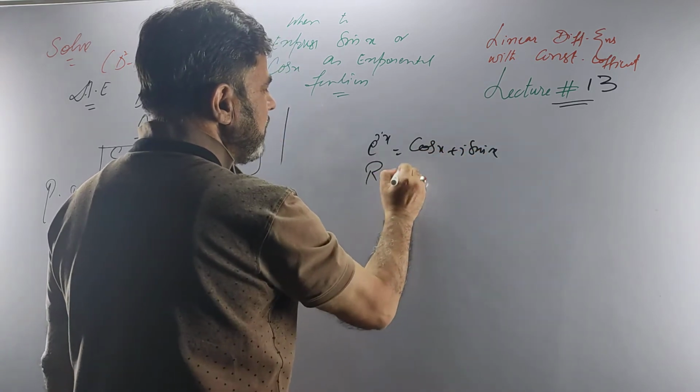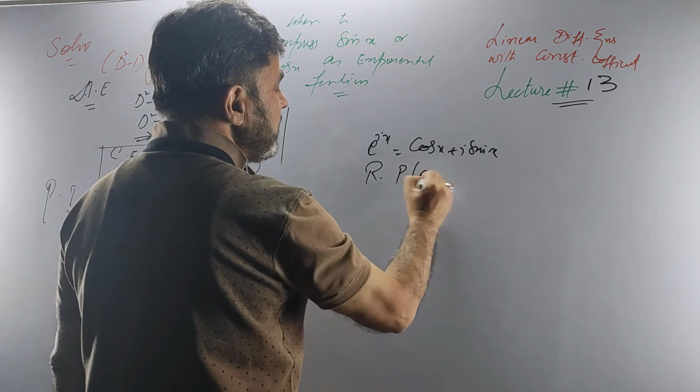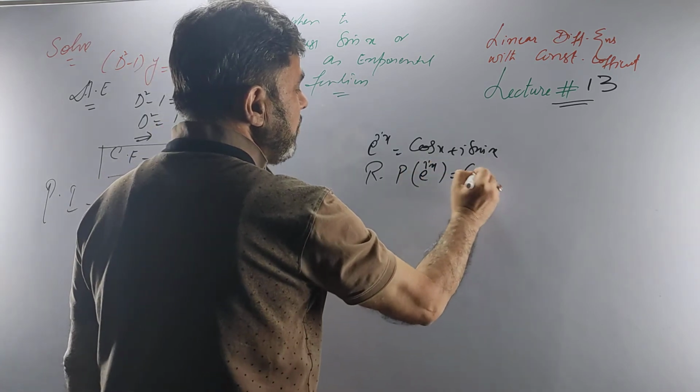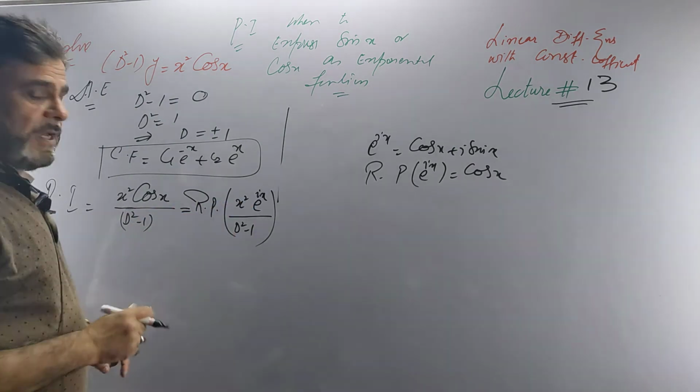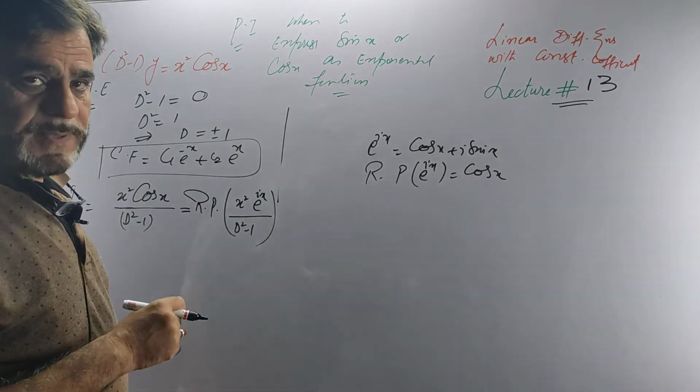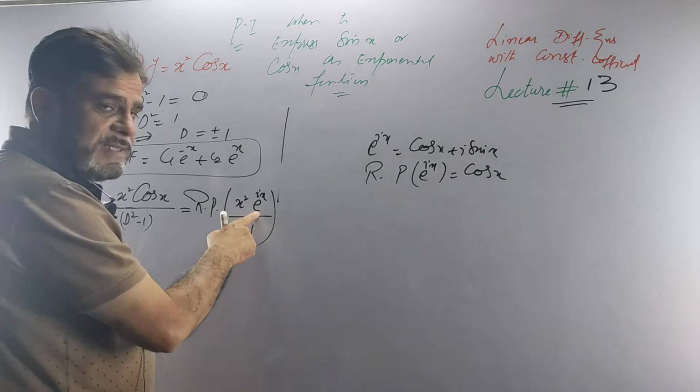What is the real part of e raised to the power iota x? That is your cos x. So this cos x is the real part of this.